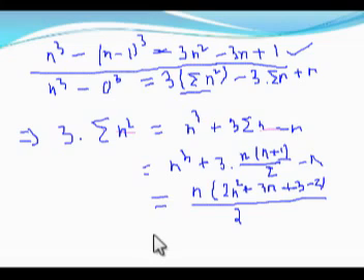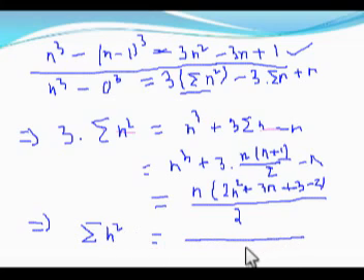Then what will be the sum? We can write it this way. This will be the sum of the squares of the first n natural numbers, which is n over 6 because 3 times 2 is in the denominator, into (2n square plus 3n plus 1).